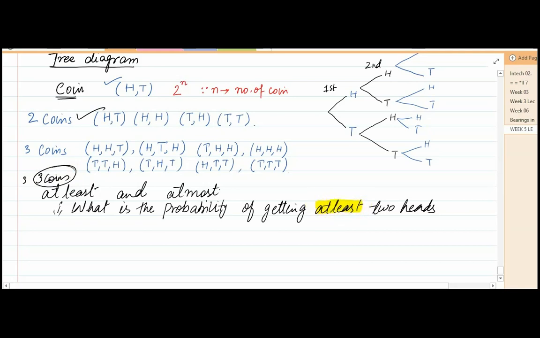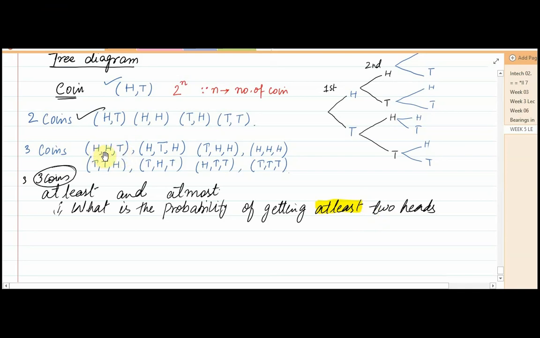What do you mean by at least? If I say at least 3 oranges, it means that it can be 4 oranges, 5 oranges, 6 oranges, but not 2 oranges. So at least means minimum value. Maximum could be anything, but the minimum should be this amount. Now if I say at least 2 heads, in this scenario we can take this one, right?